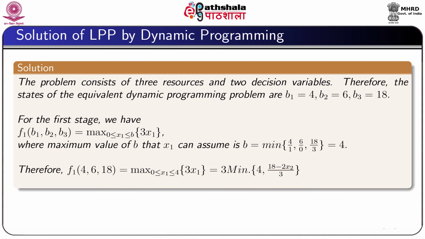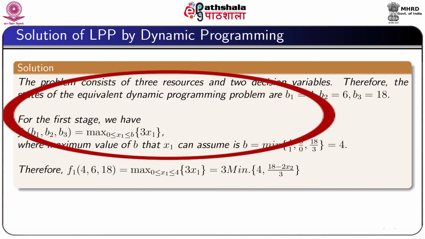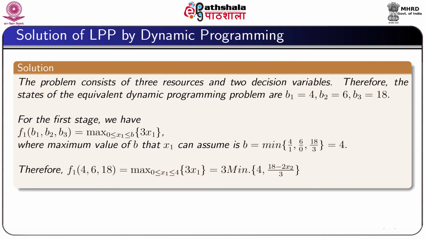Therefore, for the first stage we have f_1(b_1, b_2, b_3) equal to the maximum of 3x_1. So, we will consider only x_1 in the objective function, not x_2.